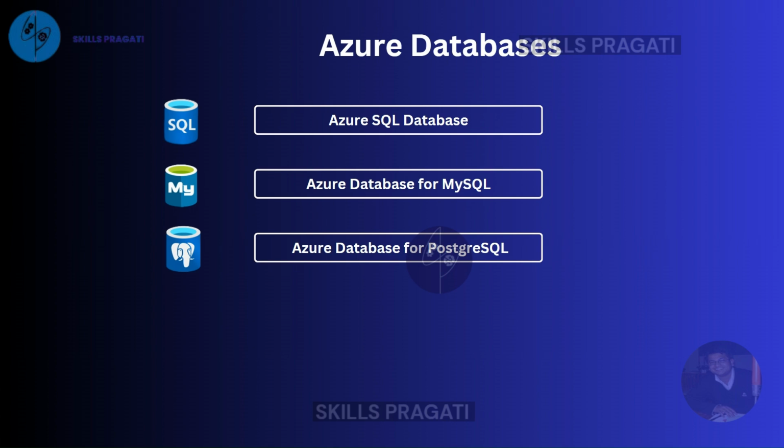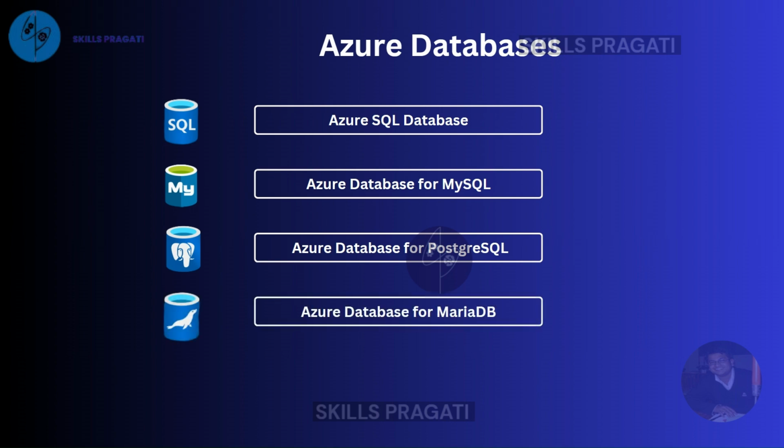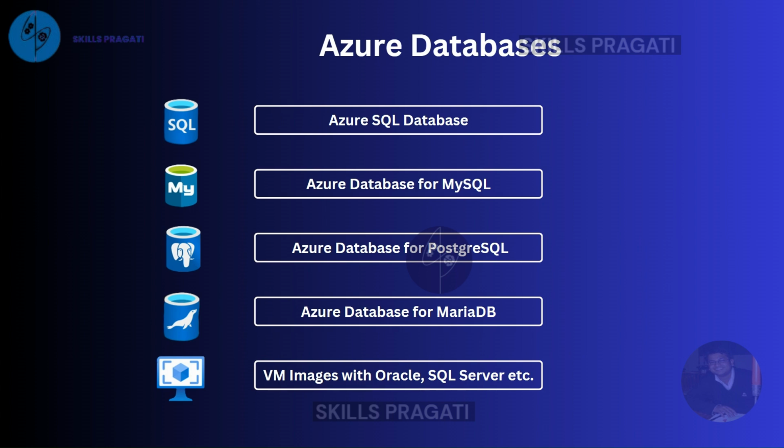Similarly, we have the Azure SQL Database for Postgres and MariaDB, which are fully managed enterprise-ready PostgreSQL and MariaDB database as a service on Azure. On top of this, we have the option to use the marketplace to provision a whole host of virtual machines with databases pre-installed in them, such as Oracle, SQL Server or PostgreSQL.